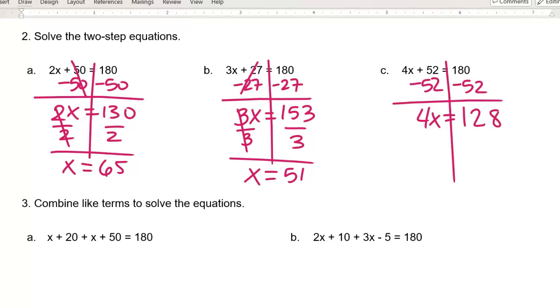To undo times, we divide. We divide by 4 to undo times 4. Divide by 4 on both sides to keep it equal. 128 divided by 4 is 32. X equals 32.